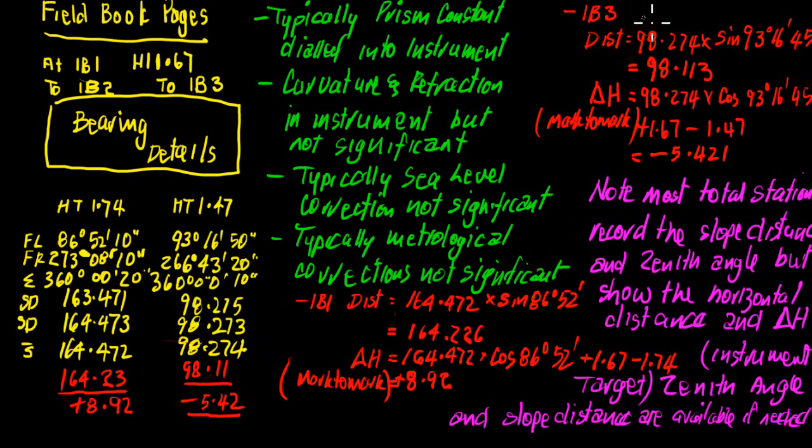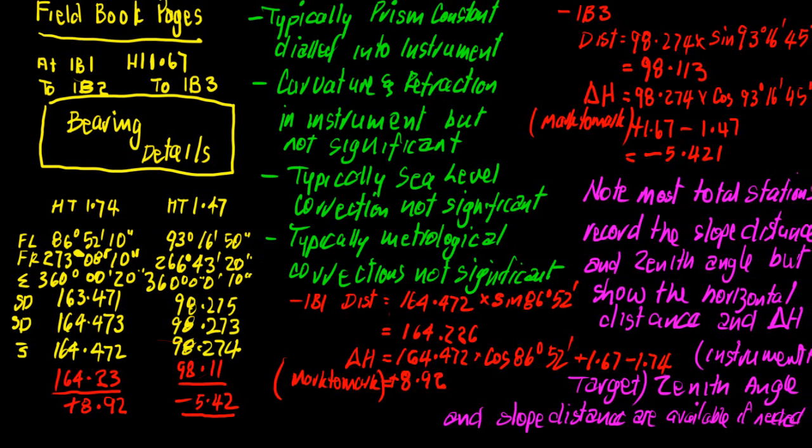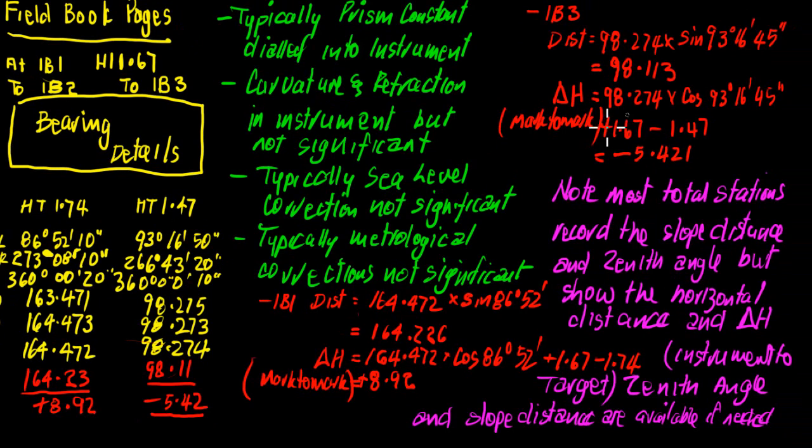And then we mean our distance, our slope distance, 98.274, our mean, times 93, 16, 45, our corrected zenith angle. It gives us 98.113, which I've rounded to 98.11. And then delta H, 98.274 times cos 93, 16, 45.